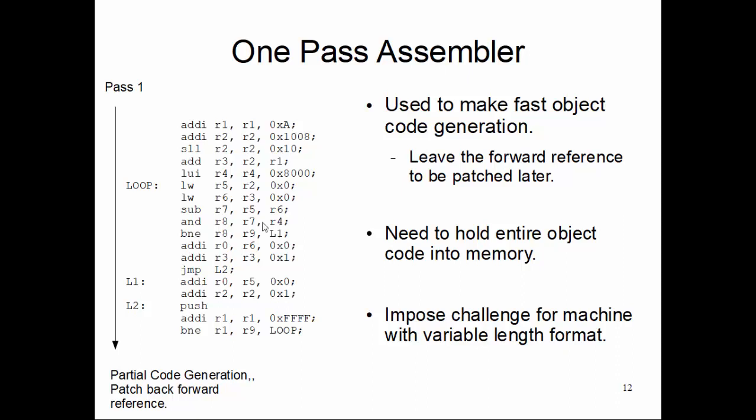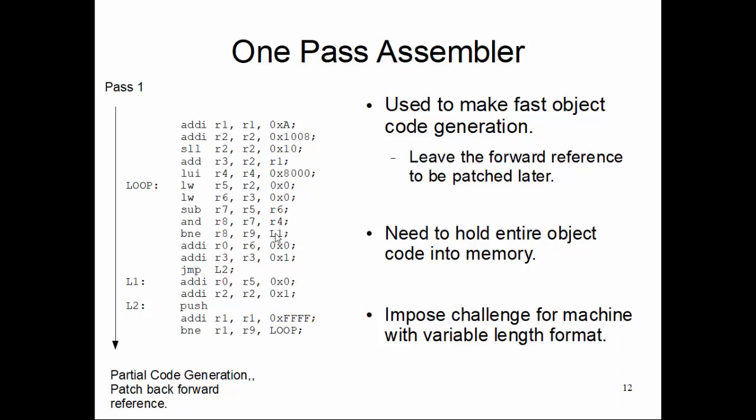We defer generation of machine code at this point and move on. As soon as we encounter the label, we go back: I now have the definition of L1. Which instructions were referring to it? In my case, instruction 10 was referring to this label. So let's go back, patch that up, and regenerate the code for instruction 10, which is using L1 as a forward reference. That is the strategy.